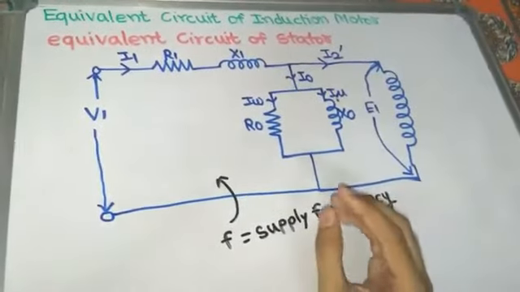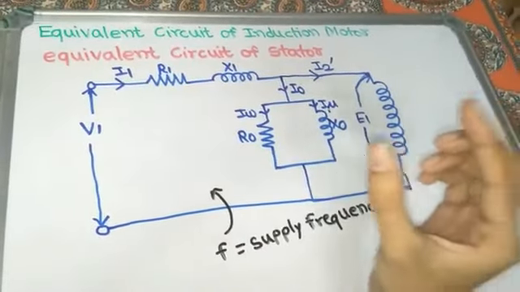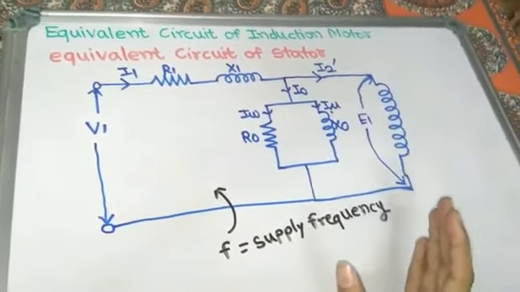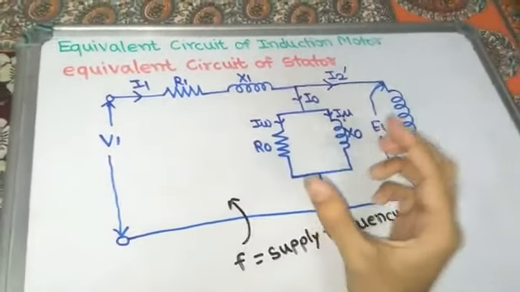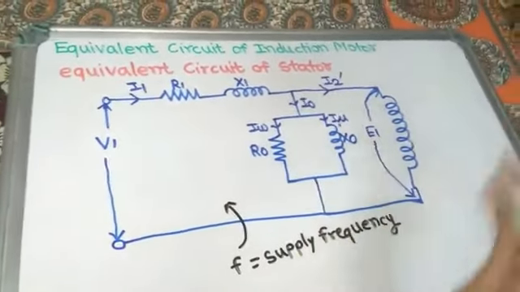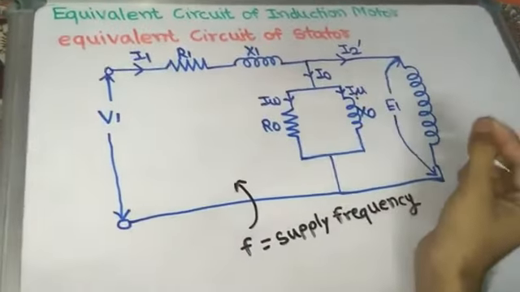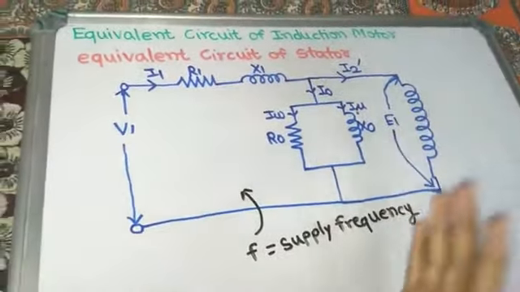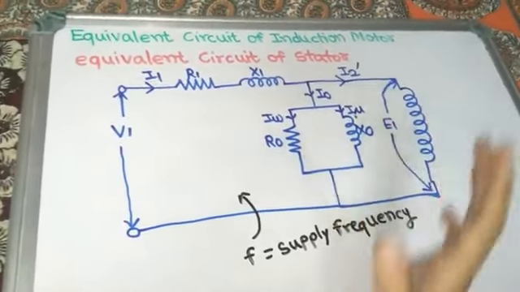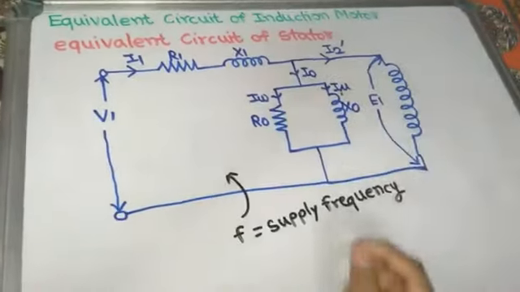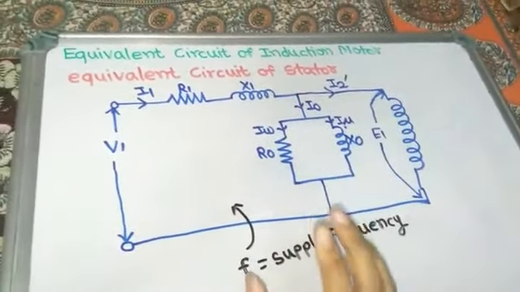In a three-phase induction motor, the frequency of the rotor winding changes due to the change in the value of slip. So to make the induction motor equivalent circuit similar to that of a transformer, we must make the rotor frequency equal to the supply frequency by some arrangements, and we should follow this arrangement now. Up to now, the three-phase induction motor equivalent circuit is not similar to that of a transformer.